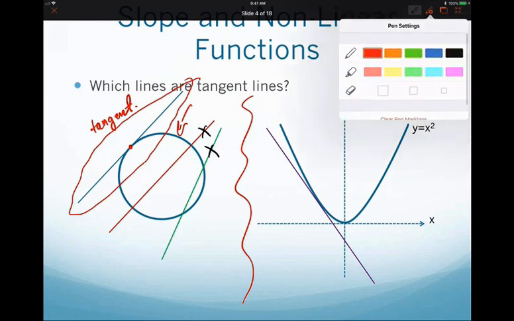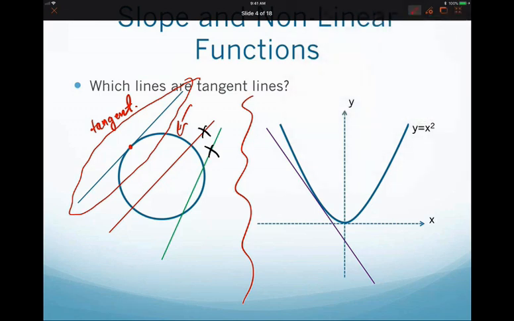Now on the right-hand side here, we've got our old trusty parabola from part 1, right? This purple line here is tangent because it is just barely touching the parabola right there, okay? Roughly right there. So this line is a tangent line as well. So that's what we're talking about here.